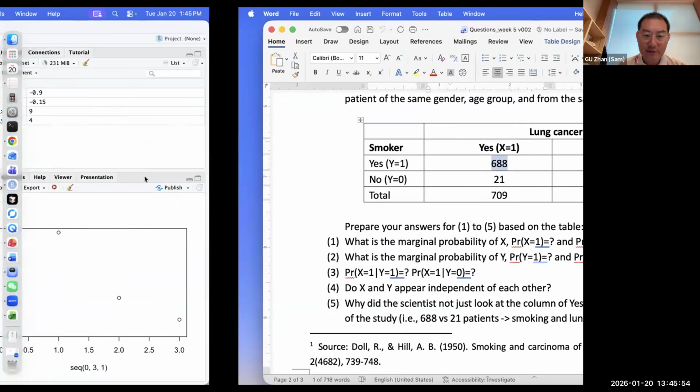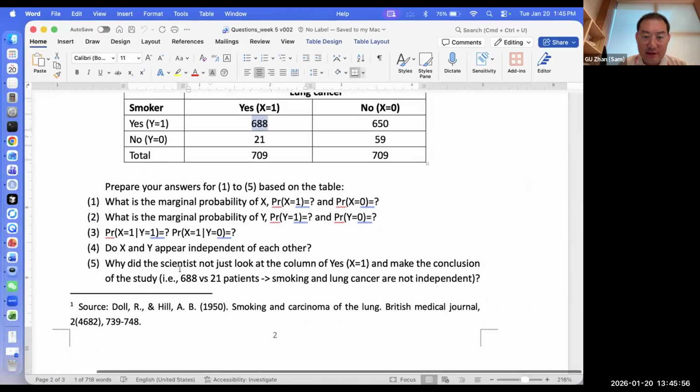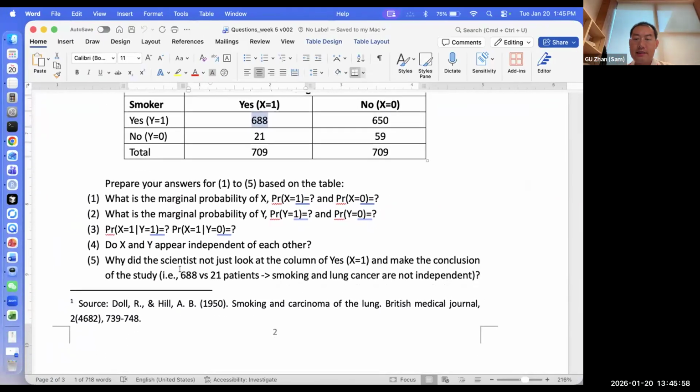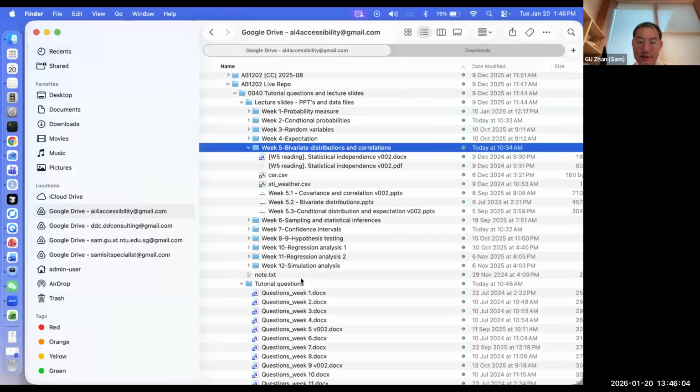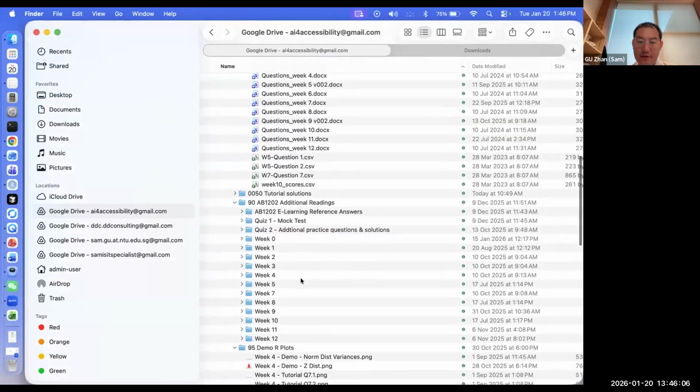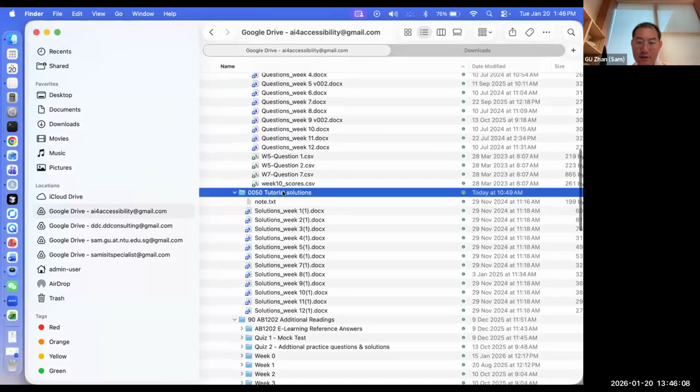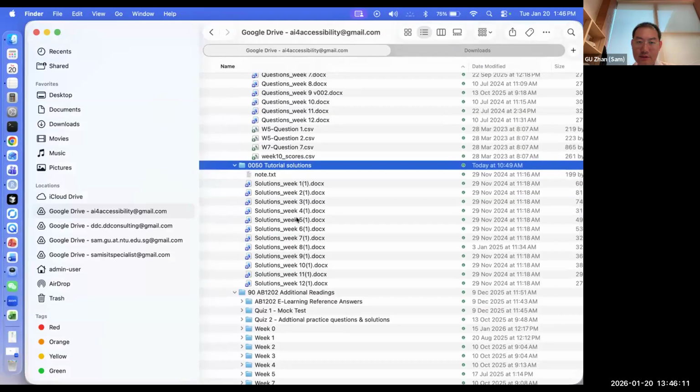Okay, Q5. Why did the scientists not just look at the column of X and Y to make a decision? Let's have a look at the question and the tutorial solutions, week 5.